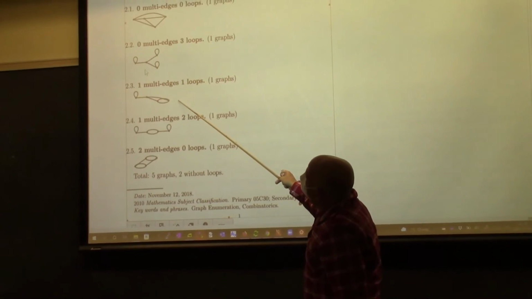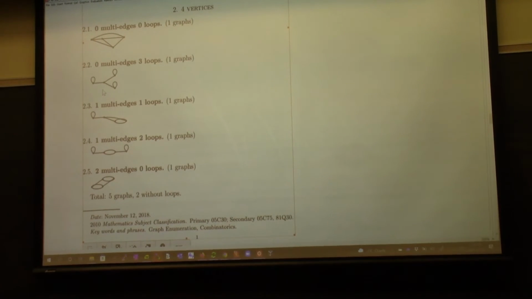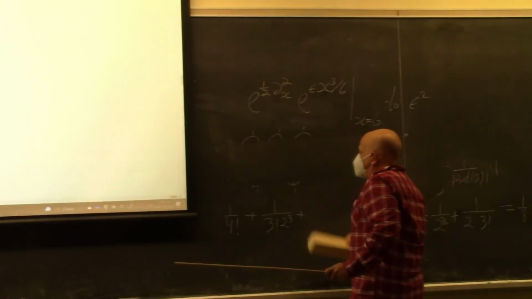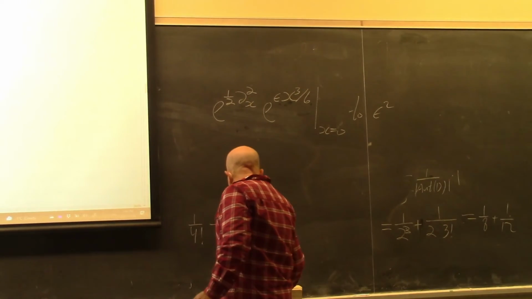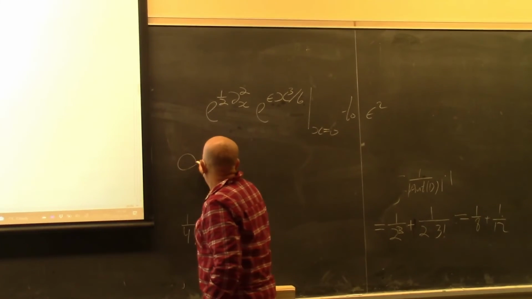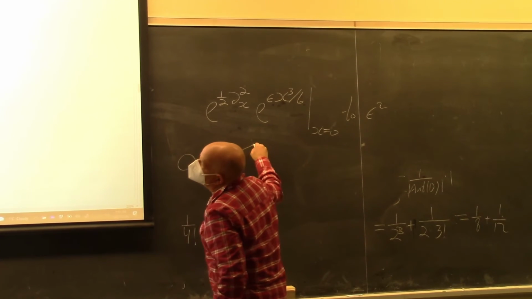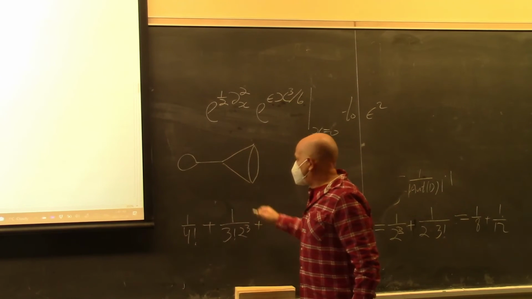This one, so I mean, this is not the best drawing. That's not my fault, that's their fault. But the graph here is this. So how many automorphisms does it have?